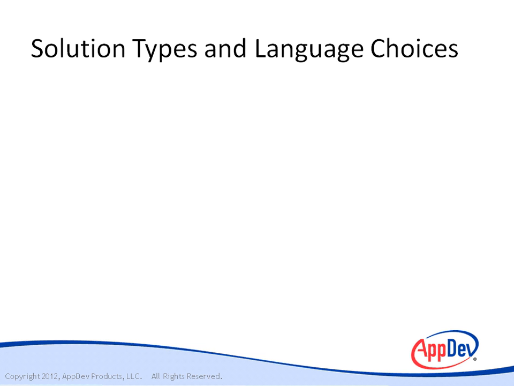Now that we've created our initial Hello World kind of applications in the context of Expression Blend, let's talk a little bit about solution types and language choices. And really a lot of this is more a lifestyle choice. If you're really a C++ programmer and need some hard programming stuff you need to do, we've got that covered.